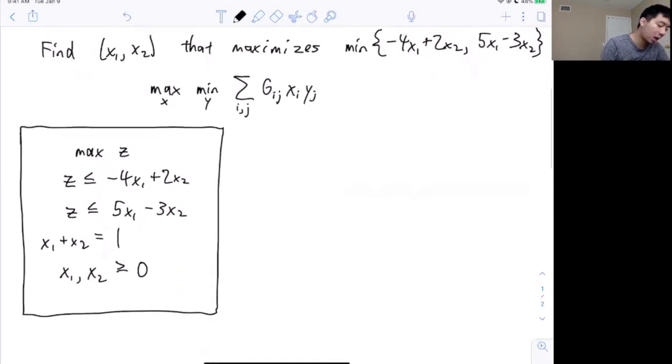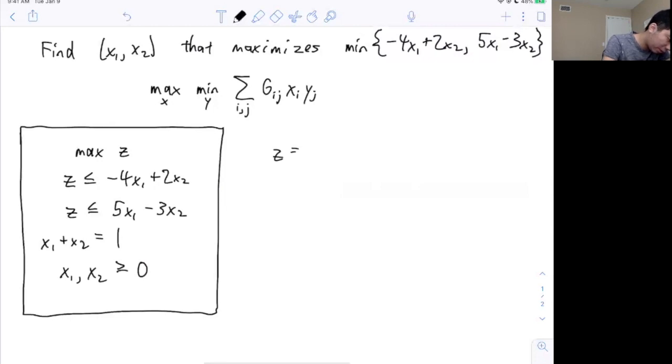Because the optimum in a linear program needs to occur at a vertex, and because there are 3 variables, each vertex would need to be the intersection of at least 3 constraints. So I'm going to take the first 3 constraints here, the z constraints. These two constraints are going to be equal.